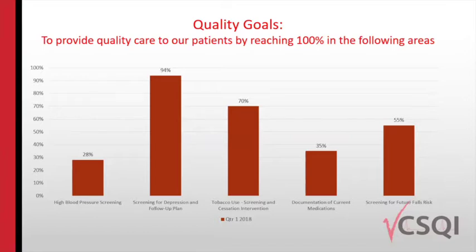Therefore, invoking the PDSA model that Ivan spoke of earlier, that continuously observe processes to make sure adjustments in order to meet the goals are made. As a reminder, our team here at VCSQI are here to help analyze your performance and help to improve your practice performance over time, wherever there's a need.